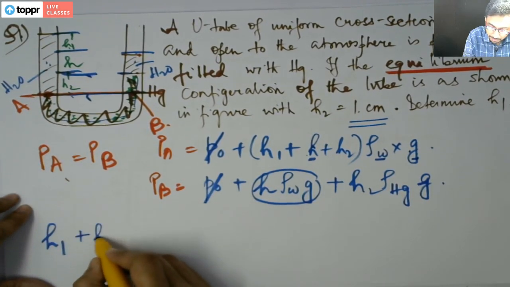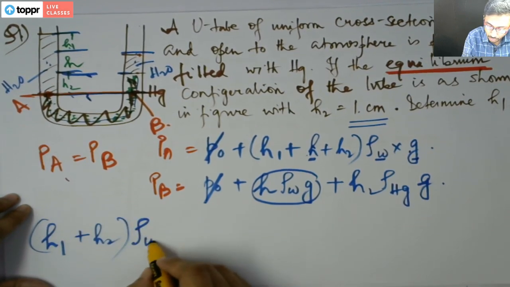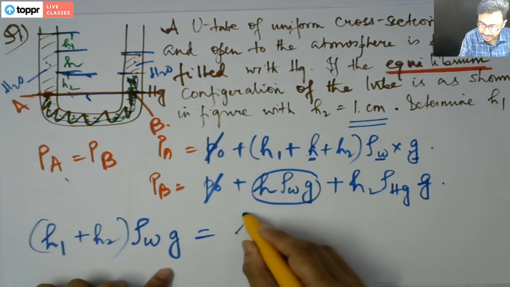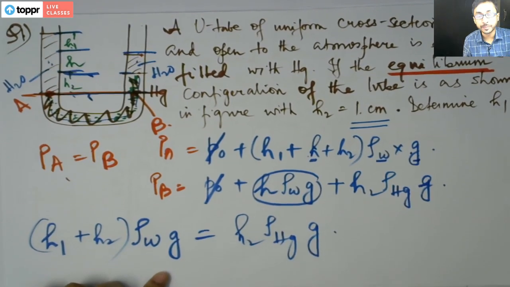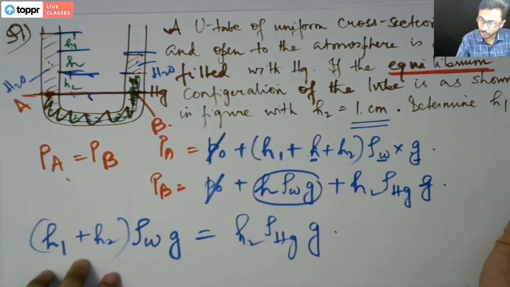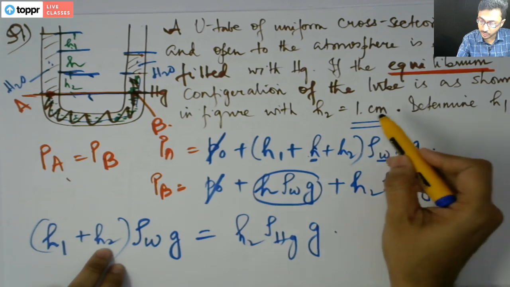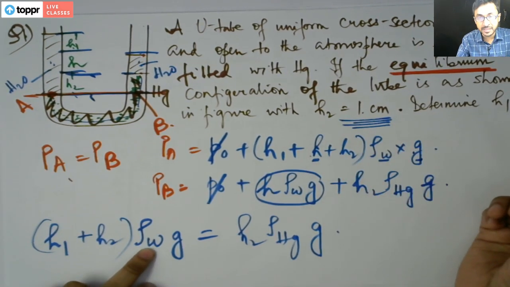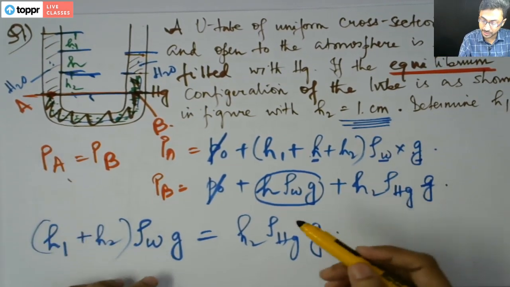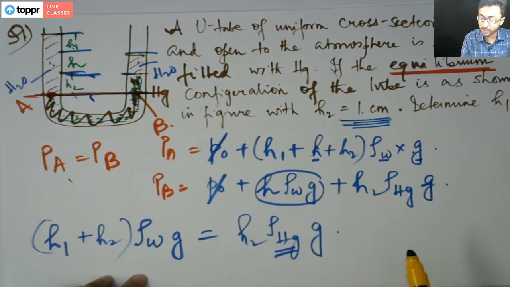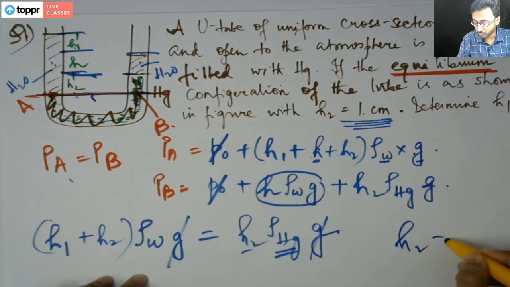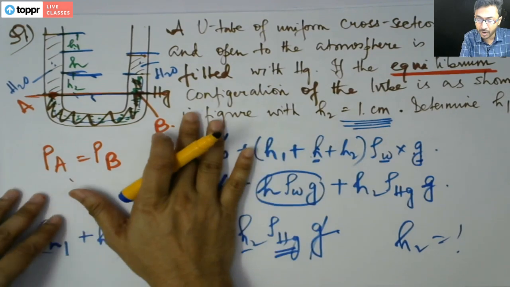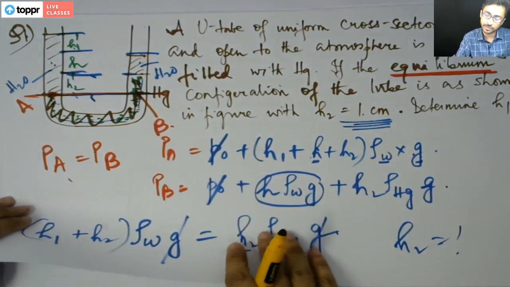H1 plus H2 rho Wg, and on the right it will be H2 rho Hg into G. Now see, you know everything except H1. H2 is 1, it is given. This is the density of water, which you know, 1 gram per cc. You can convert it into kg per meter cube if you need it. This also you know, 13.6 gram per cc. G cancels out, so you can find out H1. Understood? This is one kind of problem that we get in pressure.